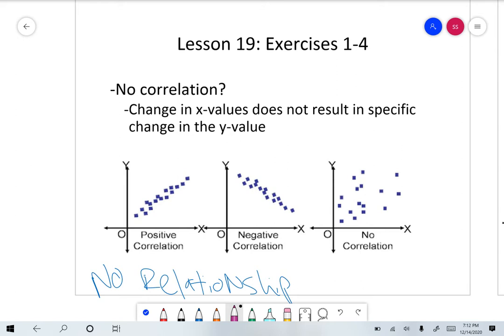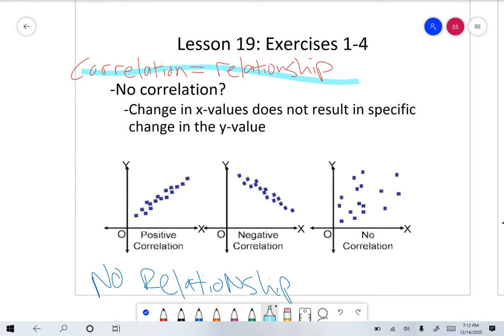Let me write that out because that is very important. Correlation is basically just relationship. So is it a positive relationship, negative relationship? Is it strong? Is it weak? That would definitely be a great thing to write down.